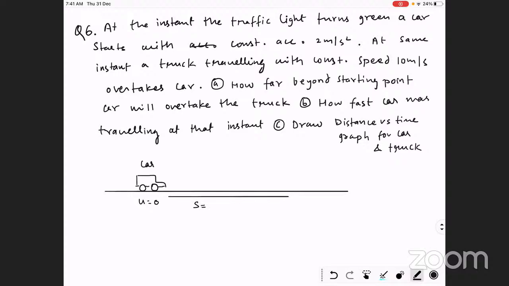S is equal to half at square because initial velocity is 0 and acceleration is 2. So it will travel this much. Could you understand that? If you put the value of acceleration of the car, in t seconds the car will travel this much, yes or no?